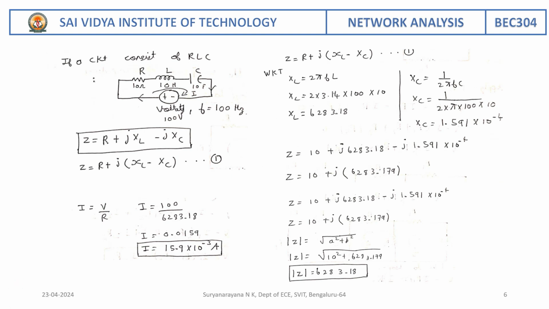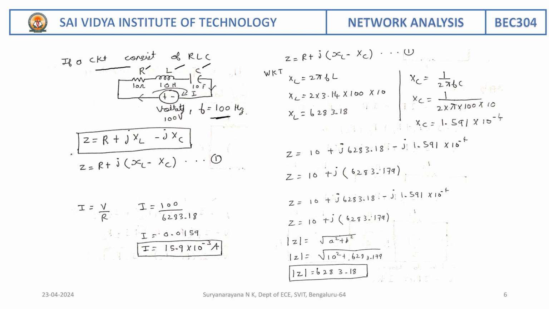Find current that is flowing through this RLC circuit. So the circuit given is AC with a frequency of 100 Hz with 100 volts. So R value, L value and C value is given, that is 10 ohm, 10 Henry and 10 Farad.